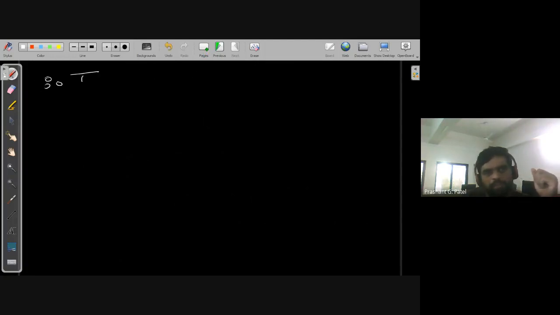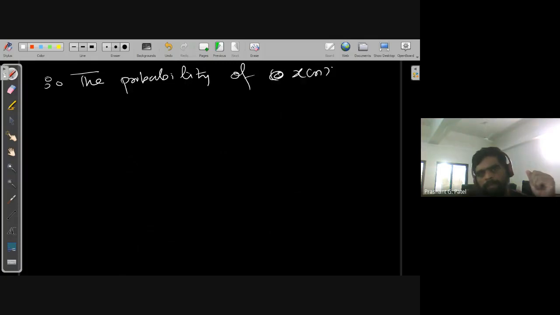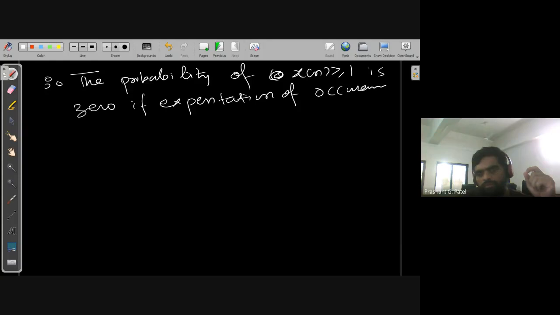Therefore, we can say that the probability of xn greater than or equal to 1 is 0 if the expectation of occurrence of an item in a graph goes to 0.